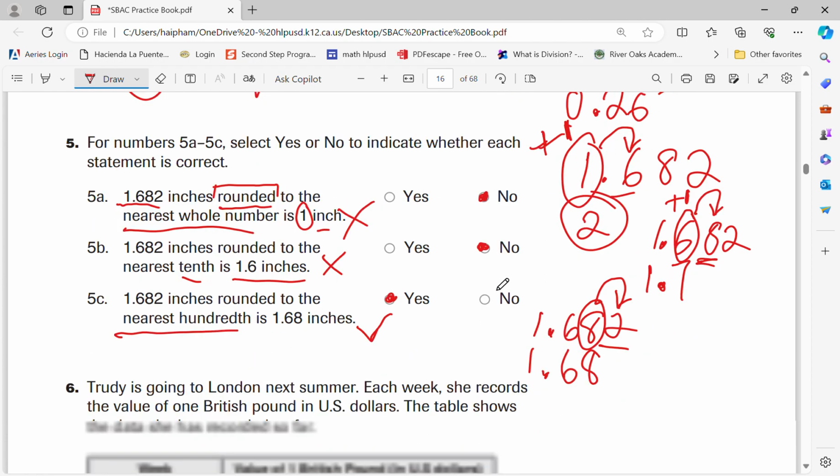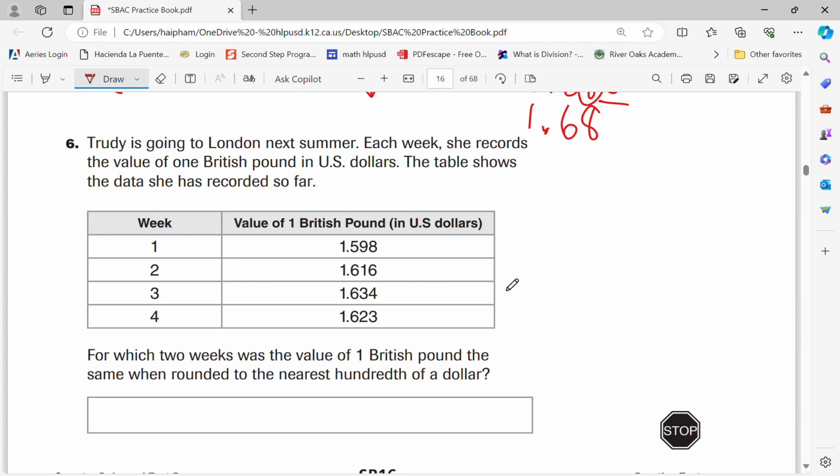All right, let's move on to our very last question for the day. Trudy is going to London next summer. Each week, she records the value of 1 British pound in US dollars. The table shows the data she has recorded so far. This is very similar to number 3 from the previous page.